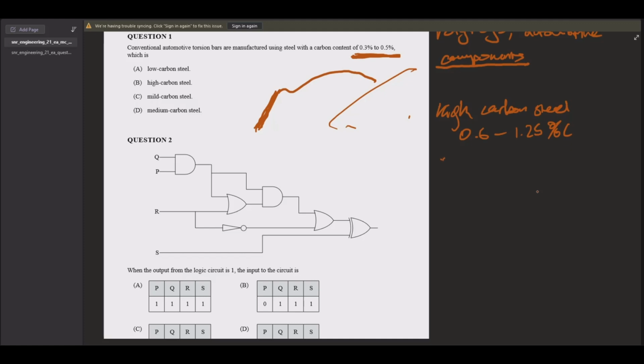And so then we're going to be using that for like industrial knives, tools, punches, high strength spring materials, and wires.